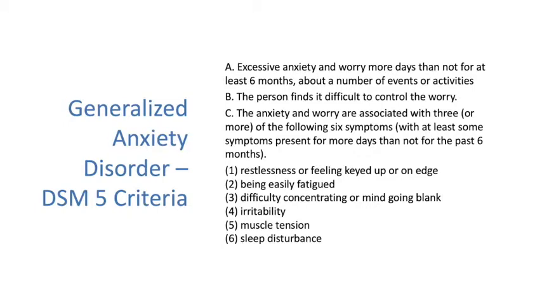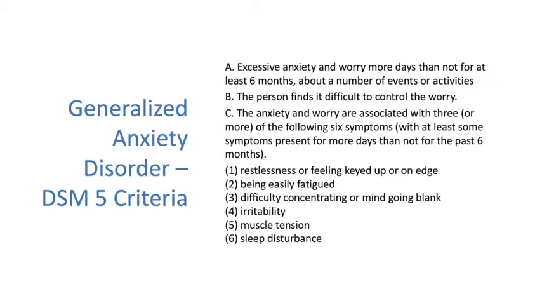One of the first anxiety conditions that we will discuss is a condition called Generalized Anxiety Disorder, or GAD. Here are the DSM-5 criteria for GAD. So I want you to just take a minute here to look over this criteria.